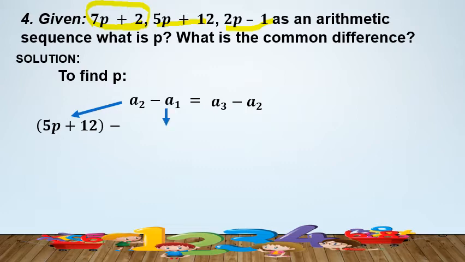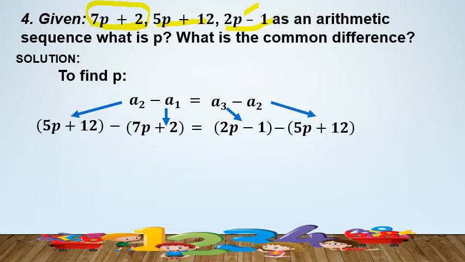Ang a sub 1 ay 7p plus 2 equals a sub 3. Ang a sub 3 ay ito, 2p minus 1 minus a sub 2, which is 5p plus 12. Paano natin isosolve?